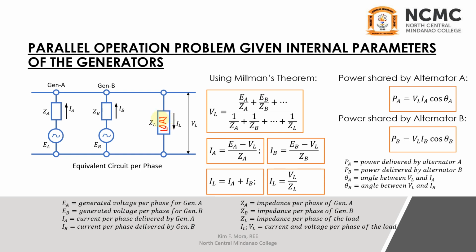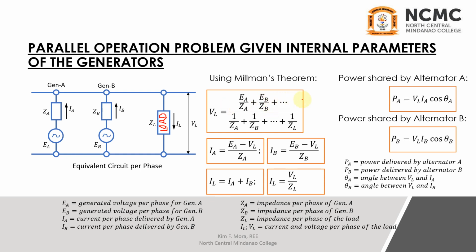Then given duha ka generators that are in parallel, we have generator A and B. So the formula for that is equal to our EA, generated voltage per phase sa generator A over its impedance, plus generated voltage sa generator B over the impedance sa generator B, and so on.